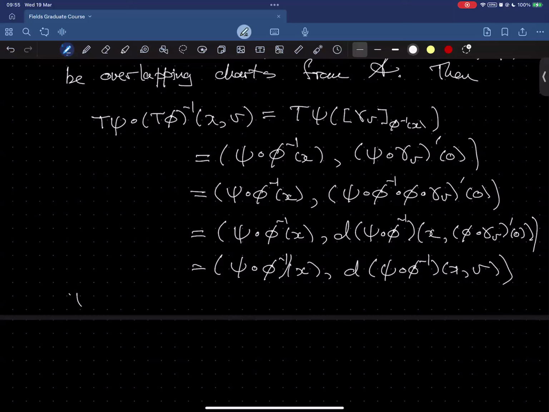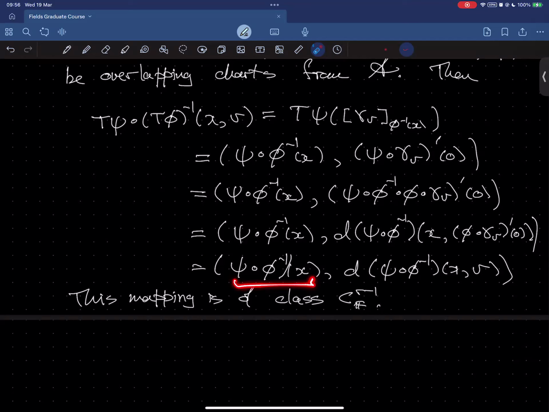So why is this mapping of that class? Let's make sure we understand exactly why. First of all, this is a mapping into a product. A mapping into a product is of class C^(r-1) if all of its components are of class C^(r-1).